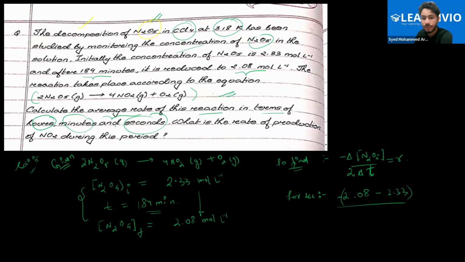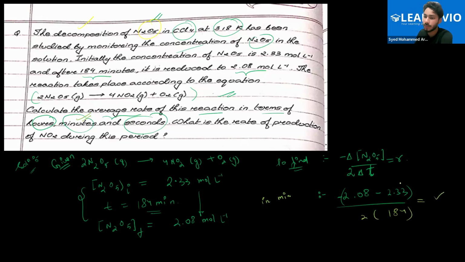First I'll calculate in minutes, because it is given in minutes. So I just put 184 as it is, and divide by 2. This is the way you have to solve.